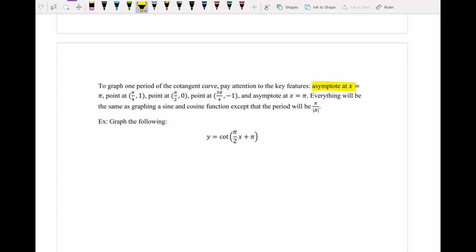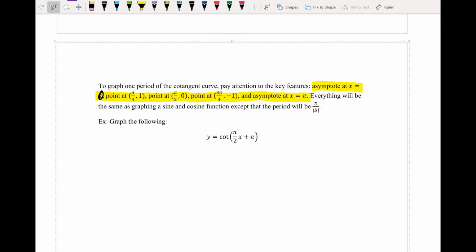There's an asymptote at x equals, there's a mistake here, there should be an asymptote at x equals 0. Okay, so at x equals 0, there's an asymptote. There's a point at pi over 4, 1. Point at pi over 2, 0. Point at 3 pi over 4, -1. And asymptote at x equals pi. Everything will be the same as graphing sine and cosine, except that the pi over b will be the only thing that's a period change.